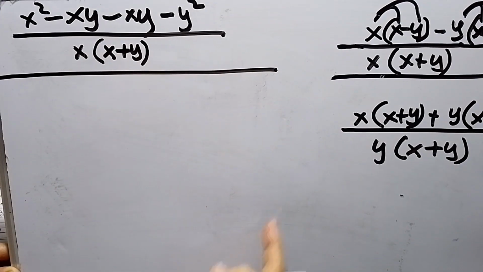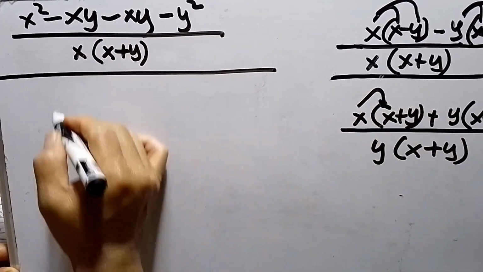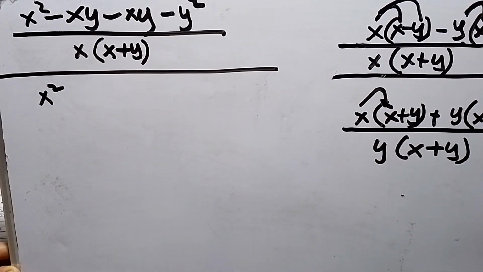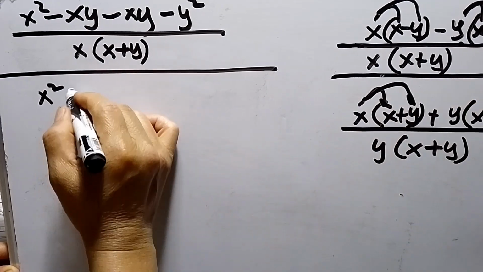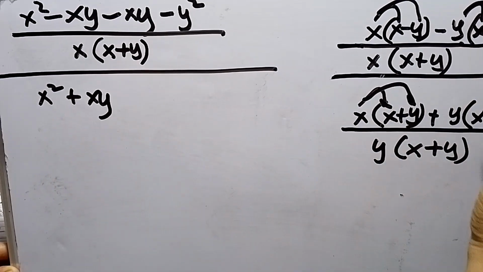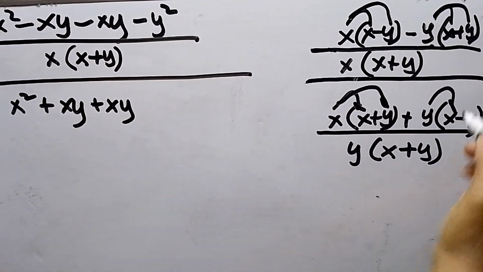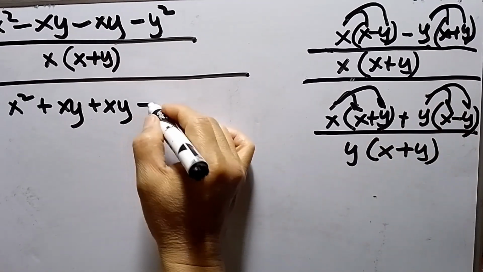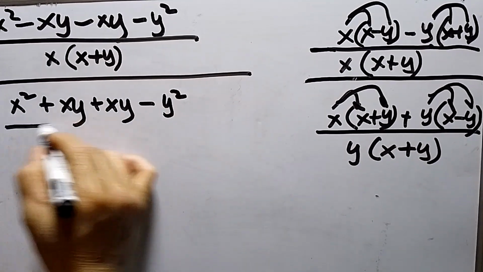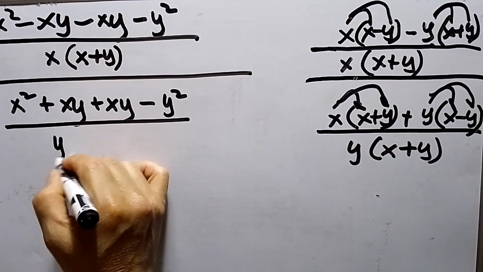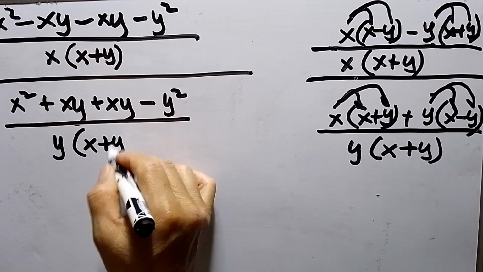Distribute also. So this will be x squared plus xy, plus xy, and the last will be minus y squared. And then copy this one, y, x plus y.